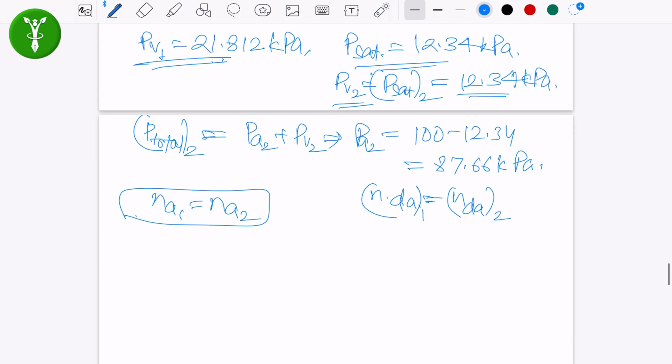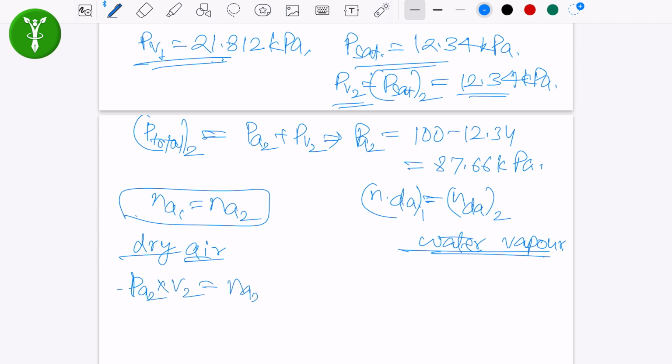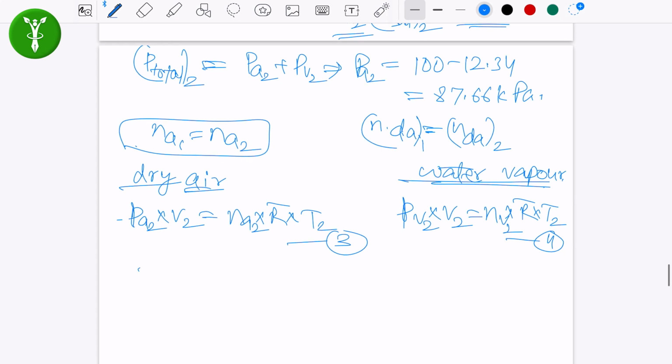So now, if we write the ideal gas equation for dry air and water vapor at state 2, what will we get? See, Pa2 V2 is equal to Na2 into R bar T2, and PV2 into V2 equals NV2 into R bar T2. So if I divide 3 by 4, Pa2 divided by PV2 equals Na2 divided by NV2.